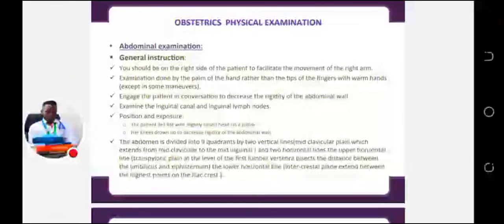Then the lower horizontal line is the intercristal plane, which extends to the highest point of the iliac crest.